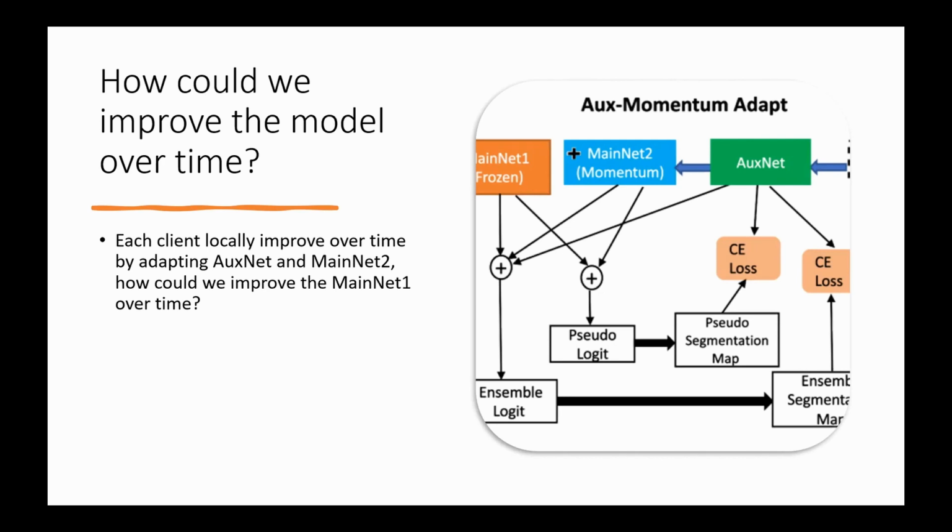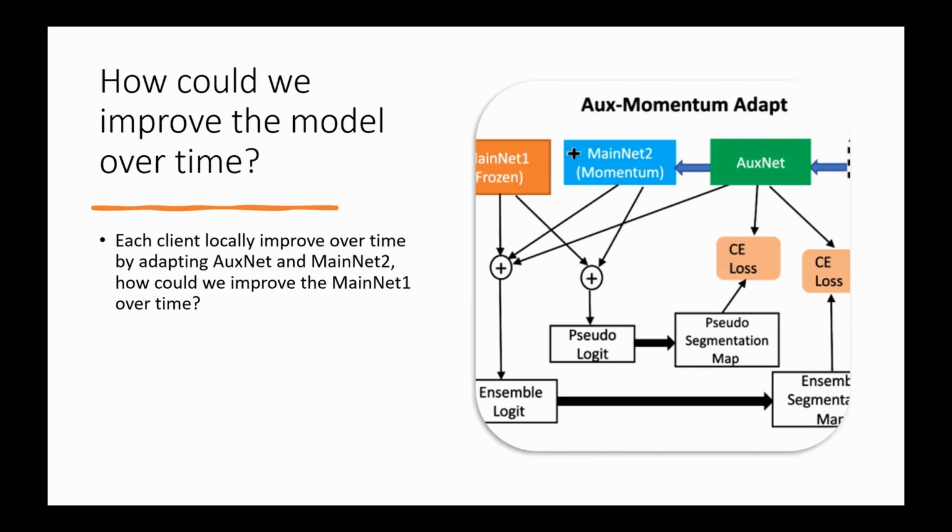Then each of my cars, navigating and going in the street from here to there, is exposed to new data, and they start improving locally over time. They adapt their AuxNet and then the mainnet 2, and they have a locally updated model. But the question that comes is how could we improve the mainnet 2 and AuxNet over time, globally for all the models.